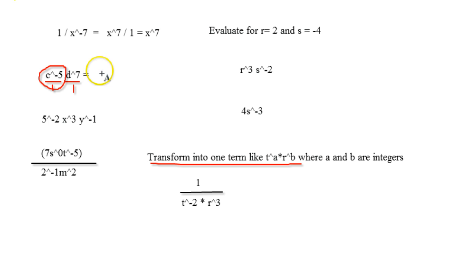So when I flip it, it's going to become 1 over c to the 5th, and this one's going to be d to the 7th over 1, which will just transform to d to the 7th divided by c to the 5th. You can write it either way you want.